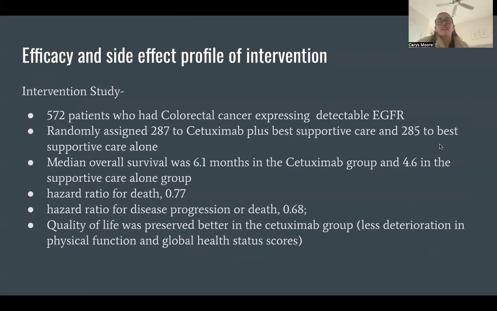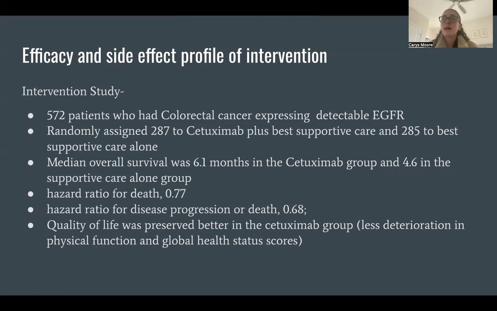Okay, so the efficacy and side effect profile of our intervention. I chose an intervention study from December 2003 to August 2005 that included 572 patients who had colorectal cancer expressing detectable EGFR and who had been previously treated with other drugs and had issues with these drugs.